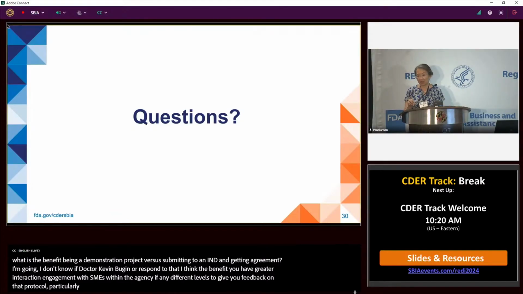The other aspect there is that there has to be an understanding that if you're accepted into the demonstration project, there is a willingness on the sponsor's part to publicly share those learnings. And that's really important. If you think about MIDD and CID and also the drug development tool qualification program, you heard that from Rob Caleb this morning.